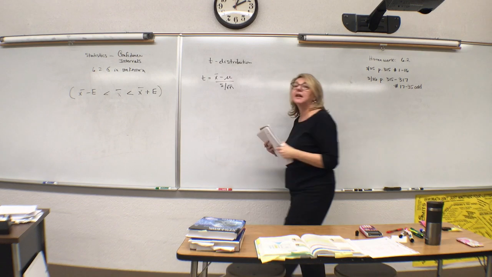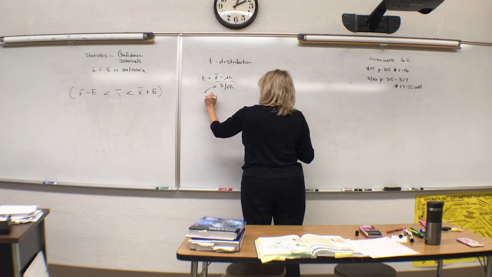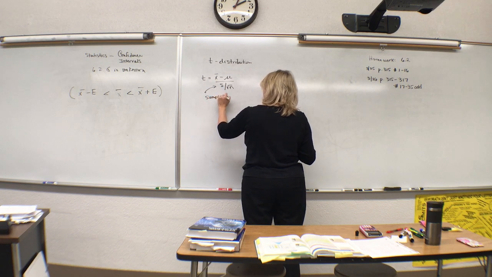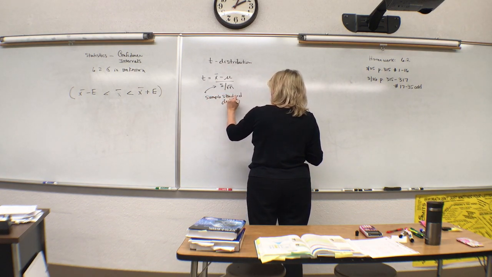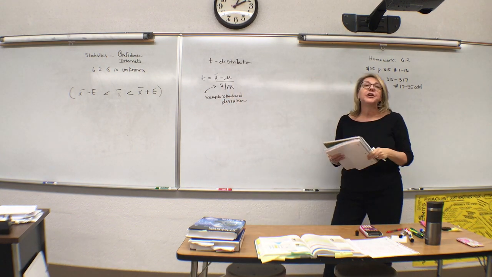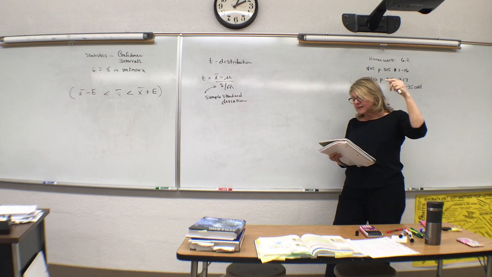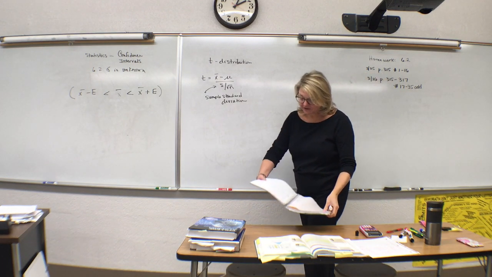Looks an awful lot like what we've seen before, but this time we're using s, which is the sample standard deviation. You see, we can't use sigma because we don't have the population standard deviation. It's unknown. So when we're doing the t-distribution problems, we have to work a little bit differently.